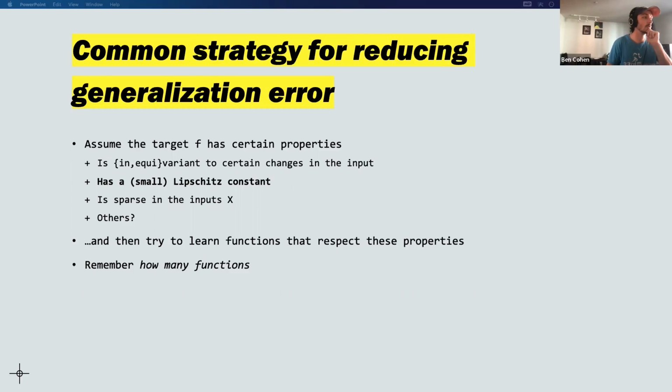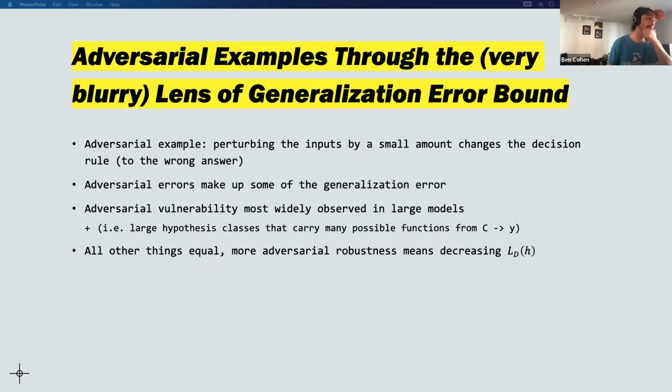Yeah. So the other thing that they talk about in this paper is adversarial examples. I'm not an expert. I'm not even really a beginner in adversarial machine learning, and this seems to be a pretty deep field. The person who notified me of this paper studies adversarial ML. So I'm tempted to say this is through the extremely blurry, probably largely wrong lens of generalization error.